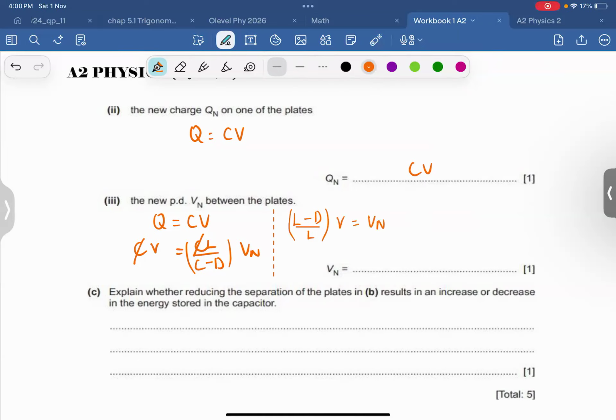So this is a simple thing: you have to put every new value in it.